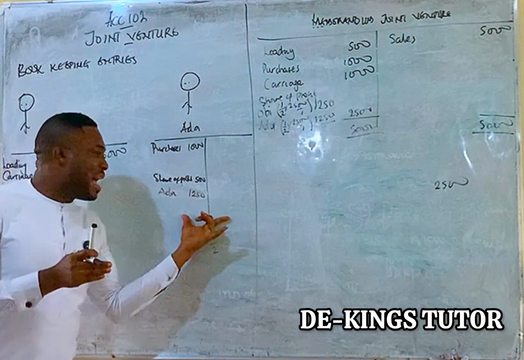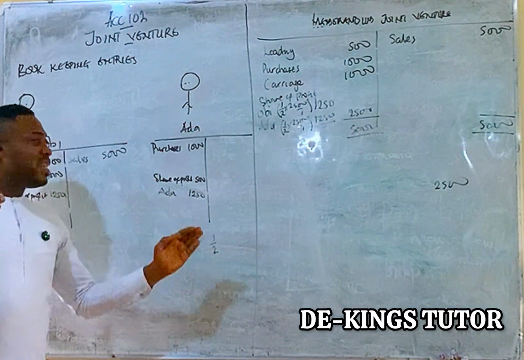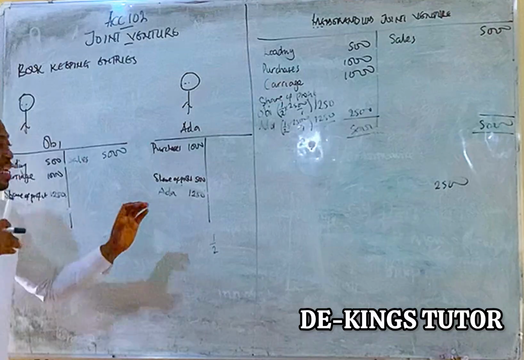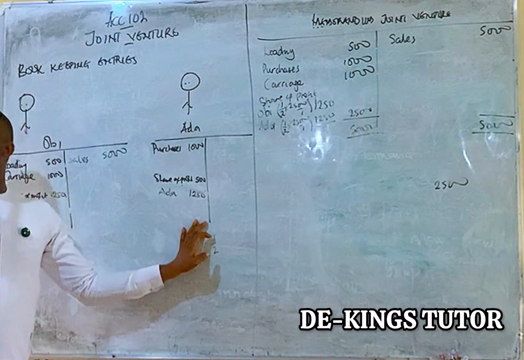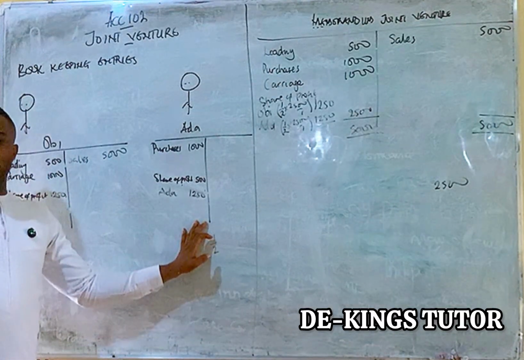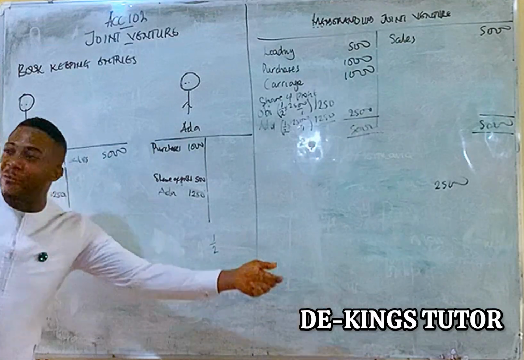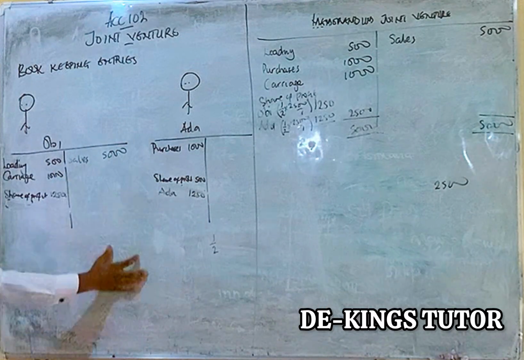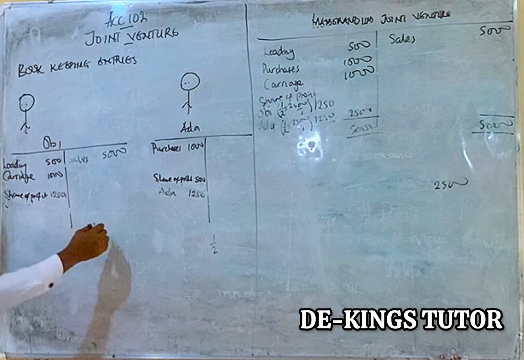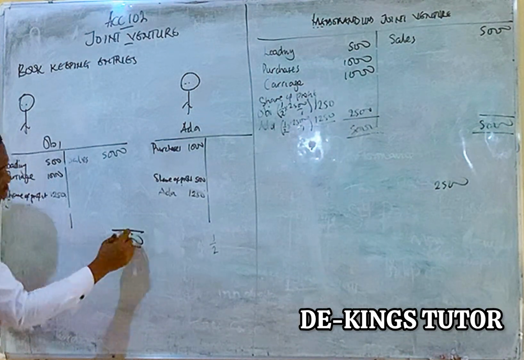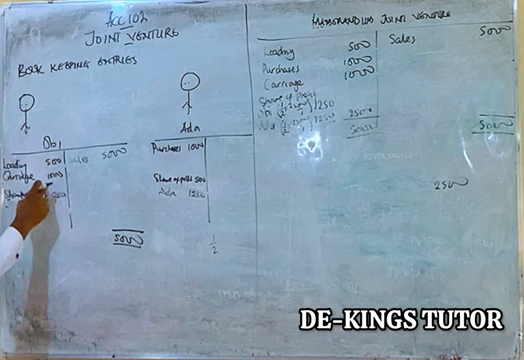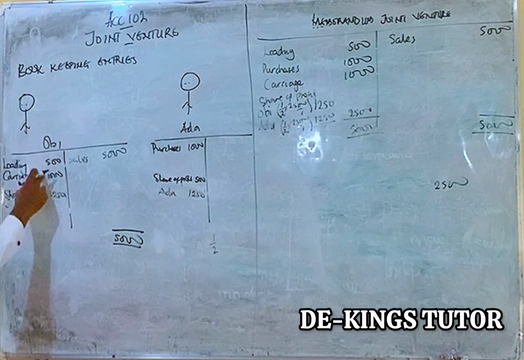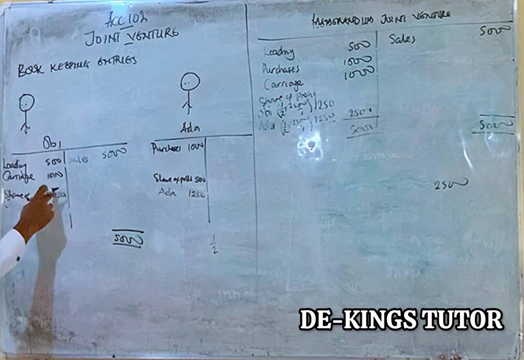If a venturer has a credit balance, meaning the credit is greater than the debit, it means he or she has received more than what they are supposed to receive. So he's supposed to collect from the other person. Take for instance, the credit side there is 5,000. Here, if you add this, what do we have? 2,750.